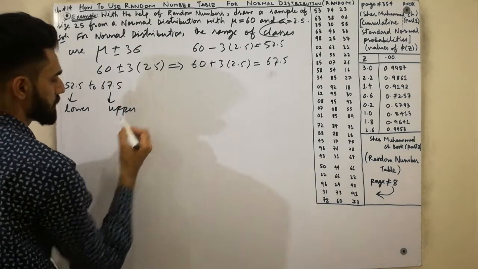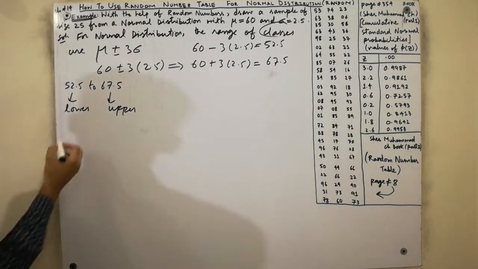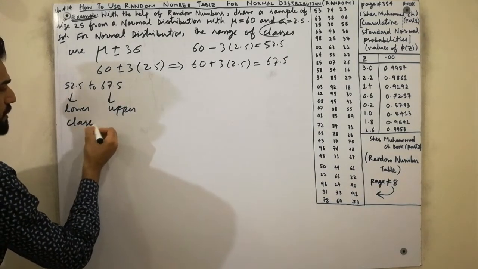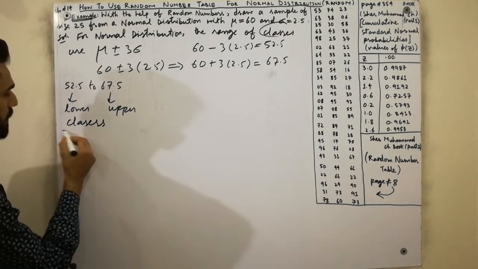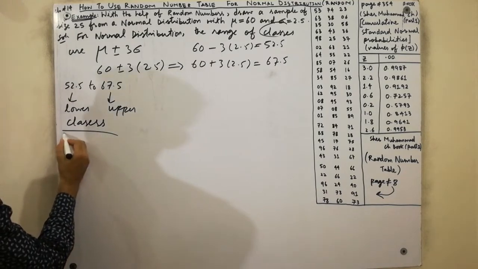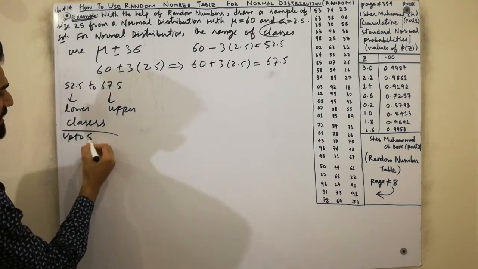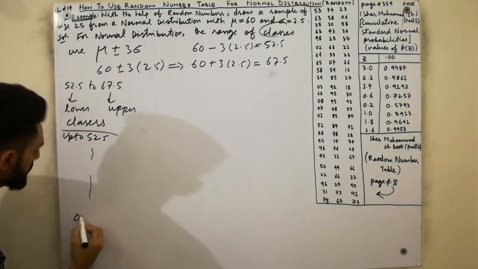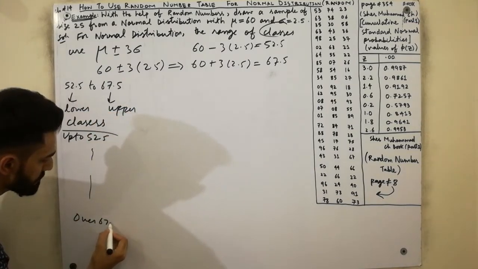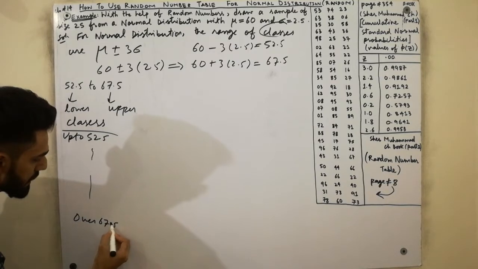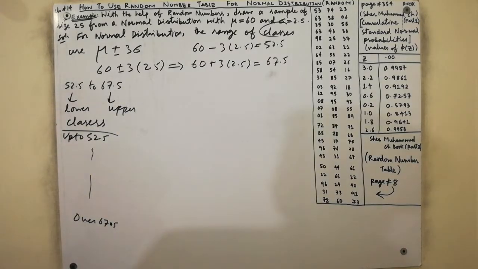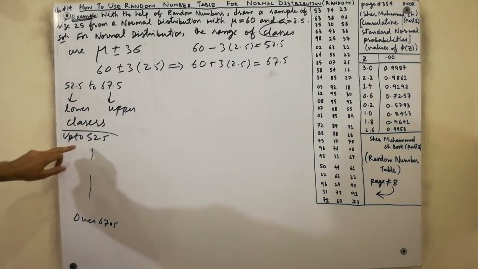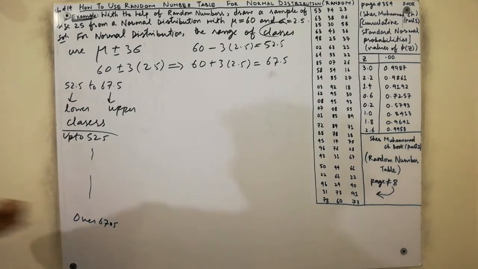Very simple step. Next step is we will make the classes from 52.5 to 67.5.